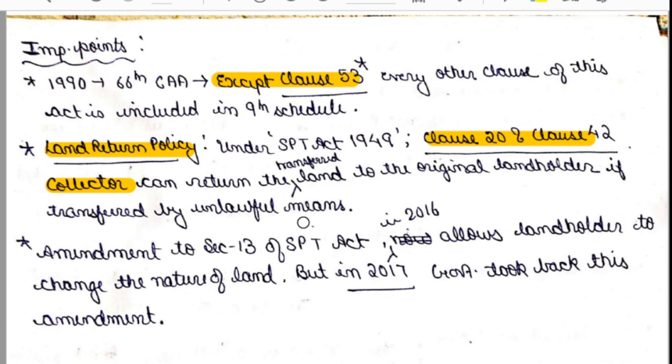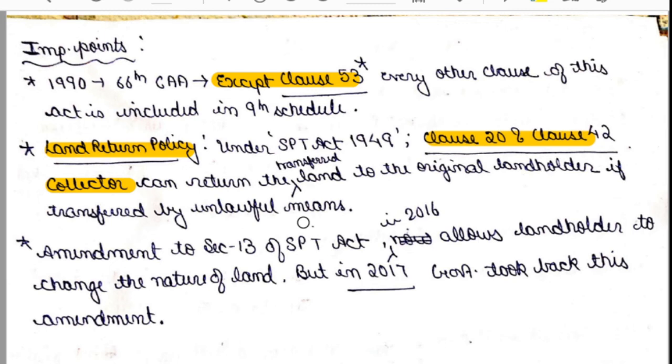That is, if any land is transferred in an unlawful manner, the deputy commissioner or collector has the power to return the transferred land to the original landholder.